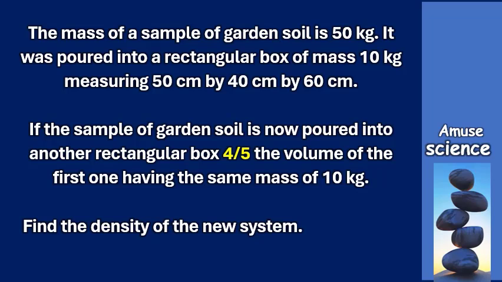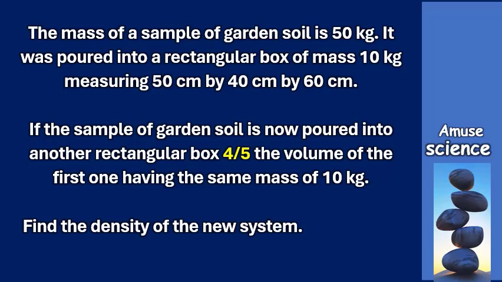If the sample of garden soil is now poured into another rectangular box of 4/5 of the volume of the first one, but having the same mass as the first one, find the density of the new system. I want you to pause the video, try it on your own, and then we will go through. Alright, and so let's see.